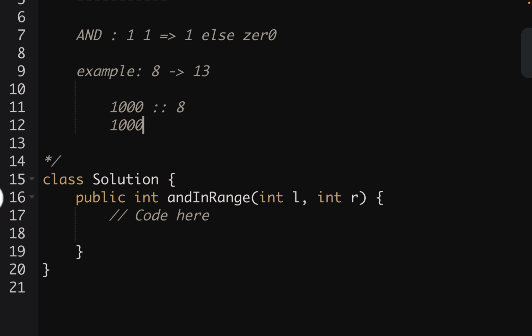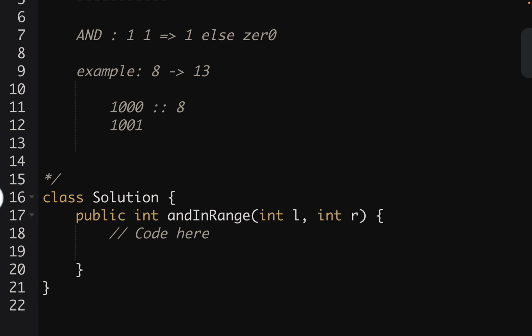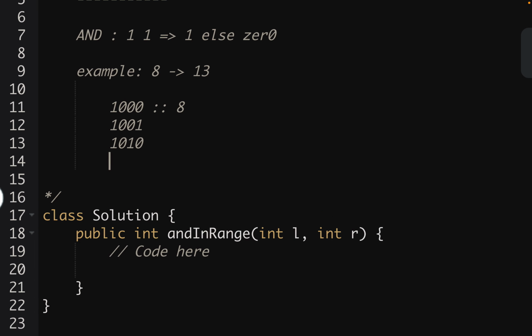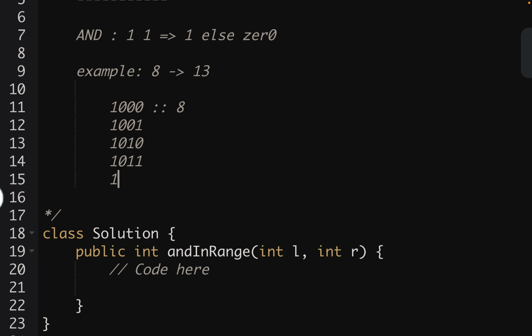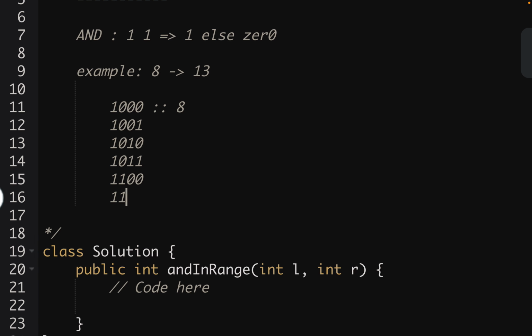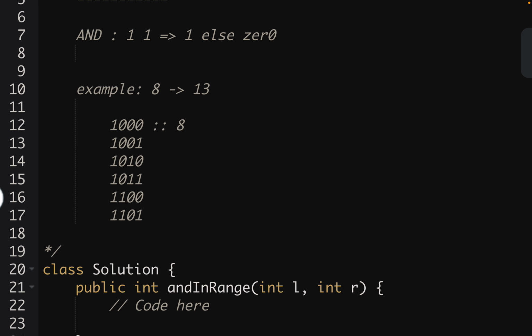The most significant bit is 8, and that's it. So next is 9, 10, 11, 12 and 13. So let's come back to AND. What this says is consistent ones.